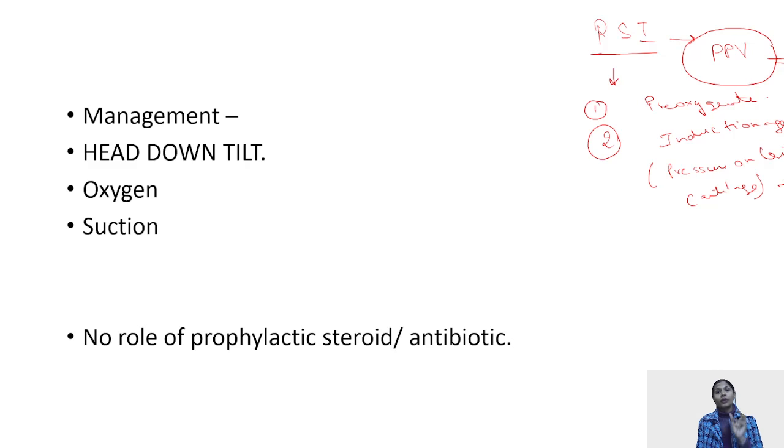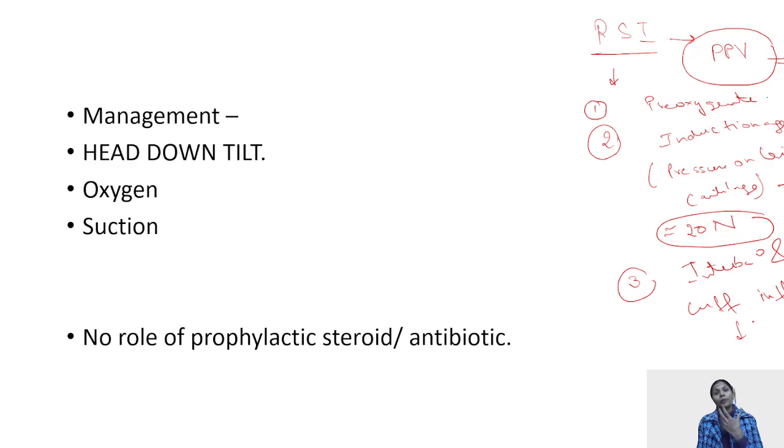This is how the pressure or force has to be applied, which has to be around 20 Newton force. And this has to be released only when the patient has been successfully intubated and the cuff of the tube has been inflated. After this step only we have to release this pressure.